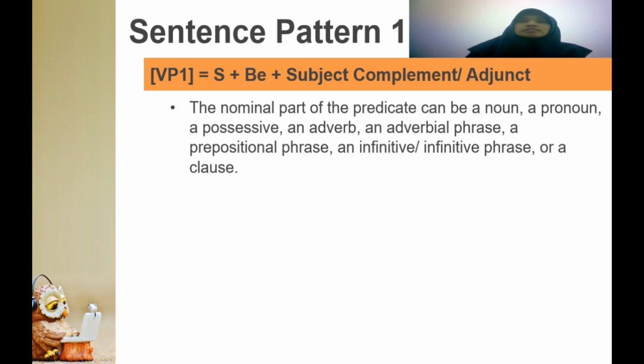So adjunct here is the optional part of the sentence, meaning that this part of the sentence can be removed, or usually adjuncts are called adverbials. And the form of the nominal parts of the predicative can be a noun, a pronoun, a possessive, an adverb, an adverbial phrase, a prepositional phrase, an infinitive or an infinitive phrase, or a clause.